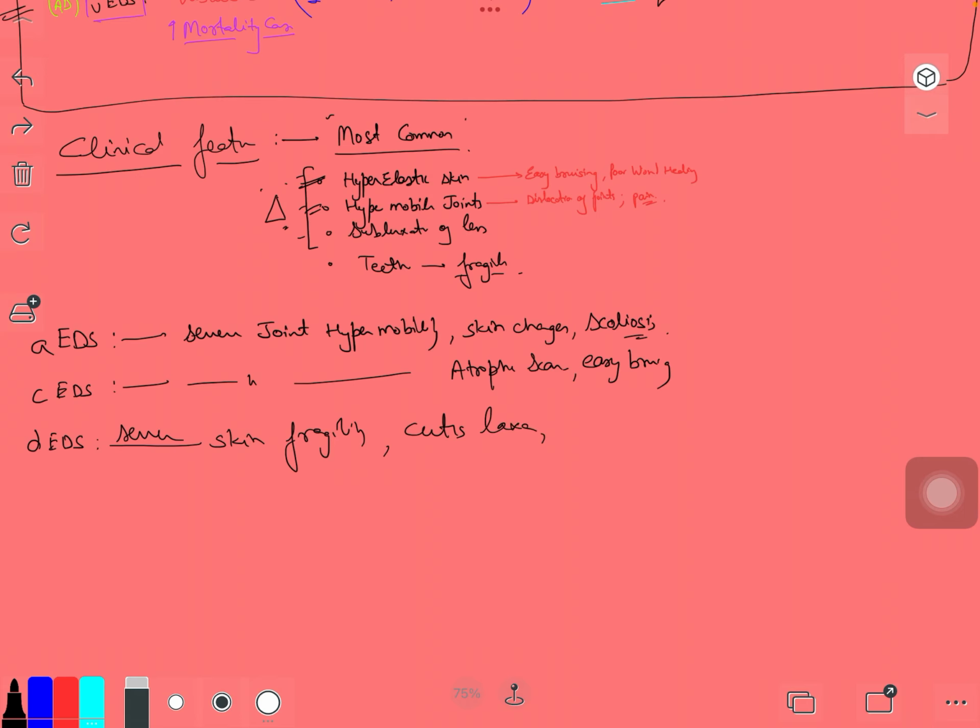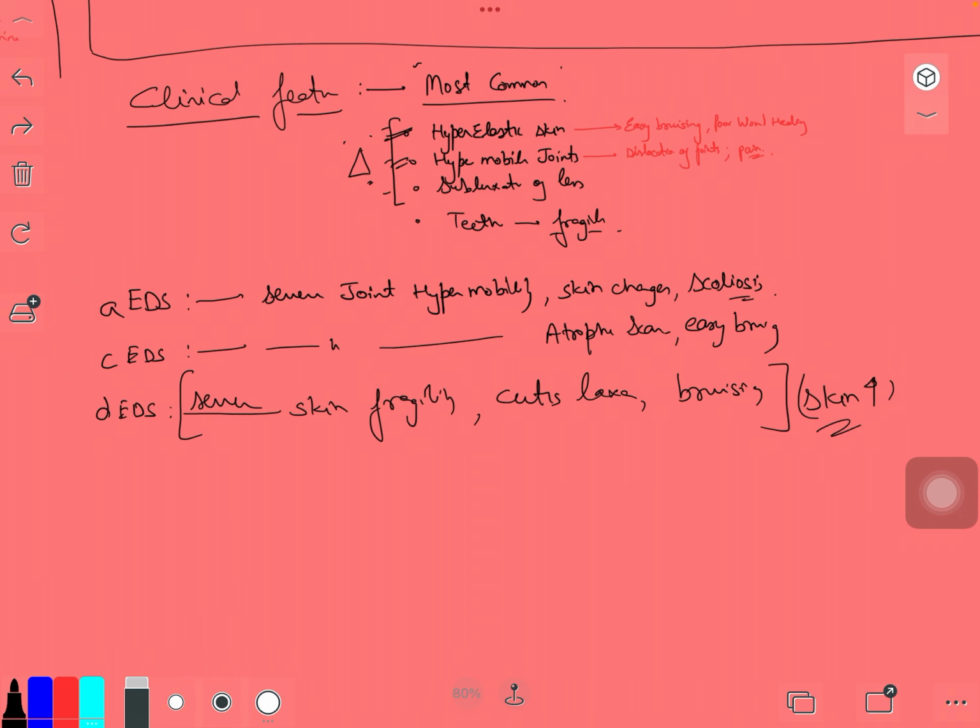Cutis laxa can be seen along with the bruising. So skin manifestation in this one will be more. Skin will be involved more in this case, in the dermatosparaxis form. The classical will have both the joint and the skin changes.